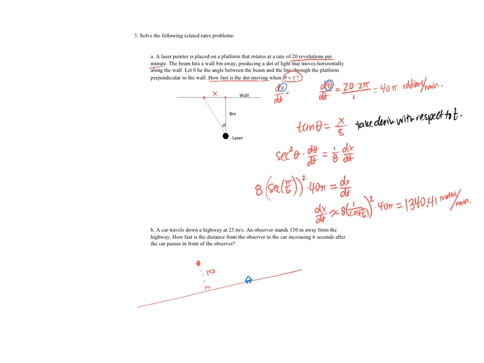It asks how fast the distance between the observer and the car is changing. So we'll label this distance y, 6 seconds after the car passes in front of the observer.